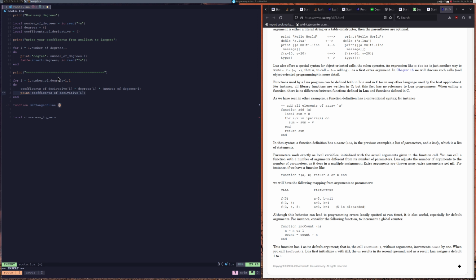So we have the original function. Maybe we could do functions, but original polynomial and then the derivative.